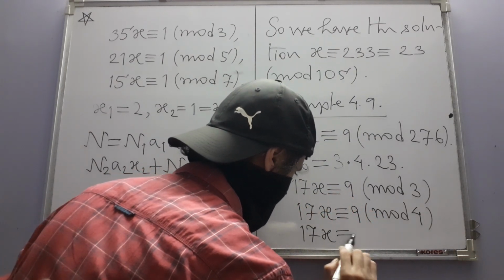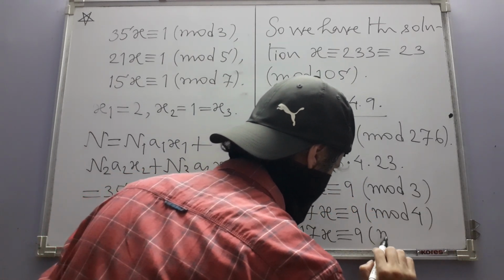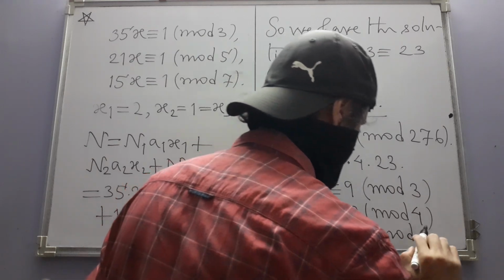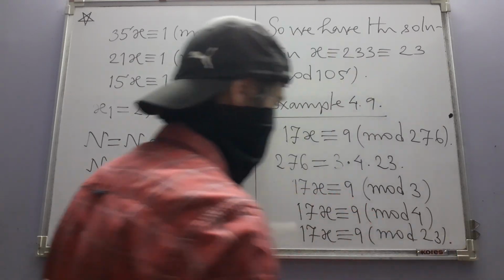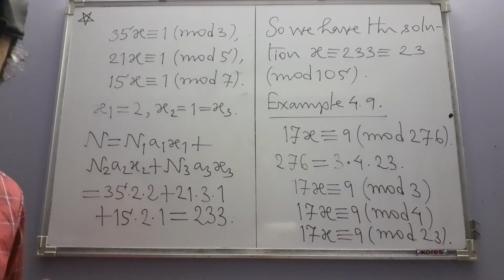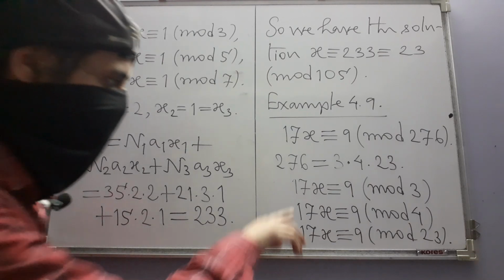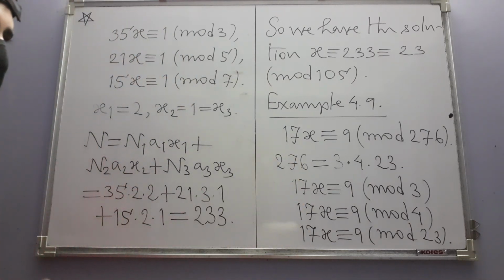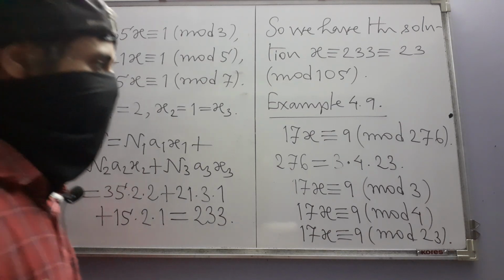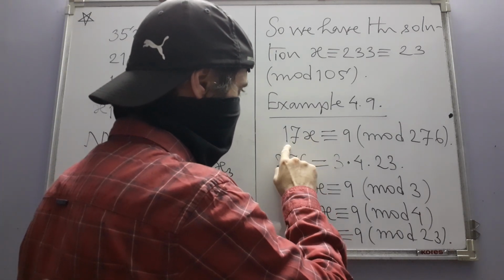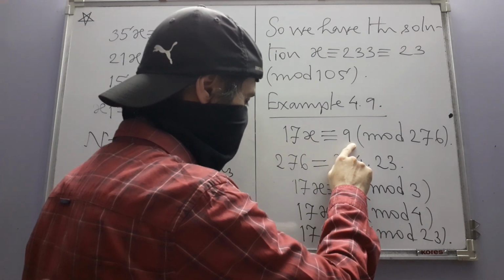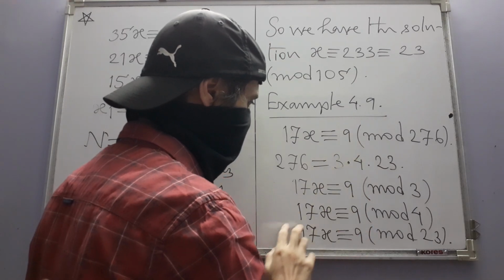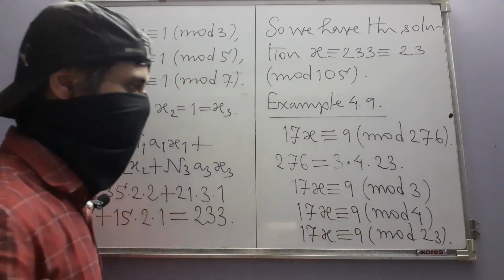You have to, however, carefully see if the logic is okay. Is it okay to solve these 3 congruences in place of this single one? If so, why? You see, any x that satisfies this is automatically going to satisfy this also.